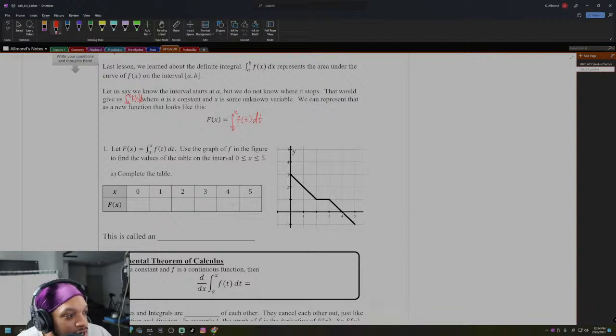So complete the table. All right, so they give us x. They want us to fill in capital F of x, which remember they defined it up here. They said that capital F of x was the area from 0 to whatever x is.